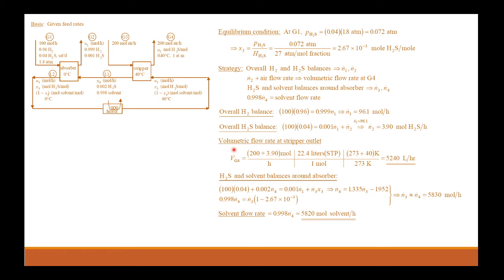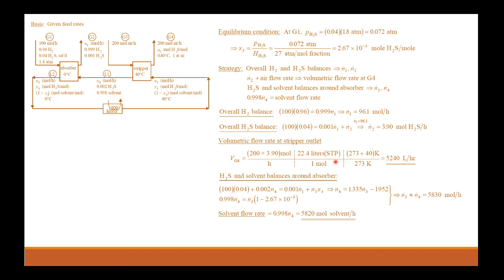Now the volumetric flow rate at the stripper outlet, which is at G4 here, is the summation of the 200 moles of air plus your N2, which is your H2S that we have found here. So sum this up, but we want it to be in terms of volumetric flow rate, right? So we will multiply this.